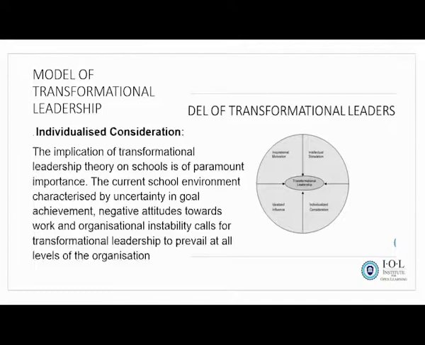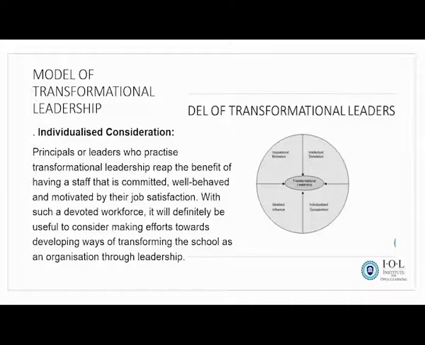where it is a better place. Still on individualized consideration, principals or leaders who practice transformational leadership reap the benefit of having a staff that is committed, well-behaved, and motivated by their job satisfaction.